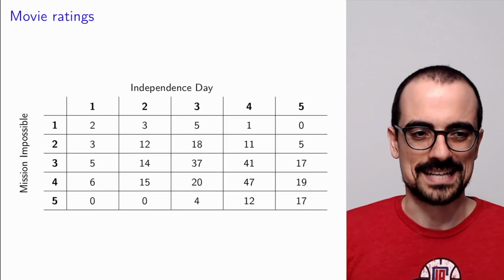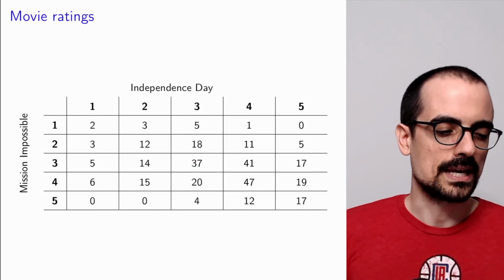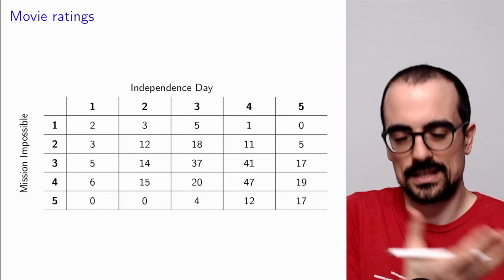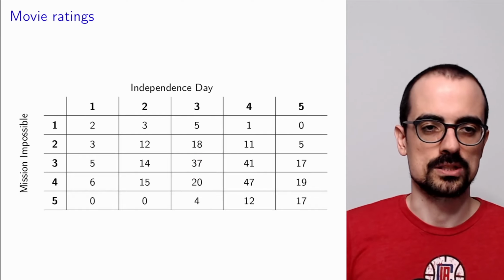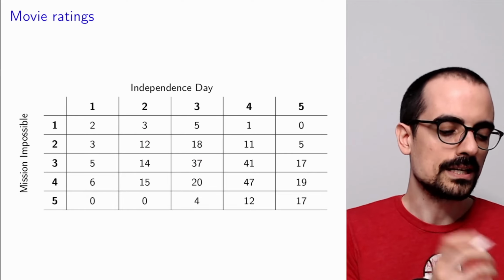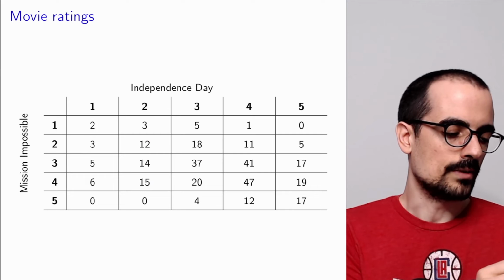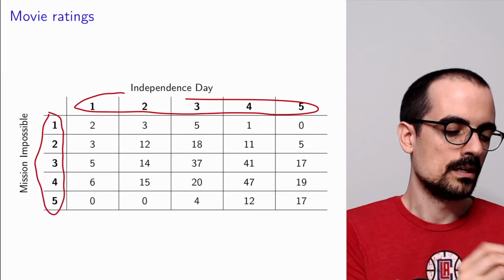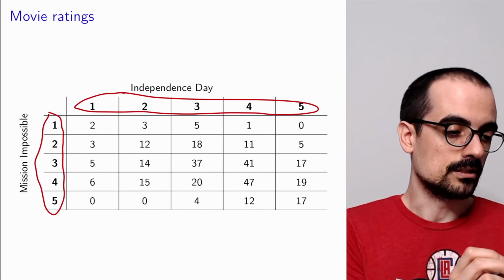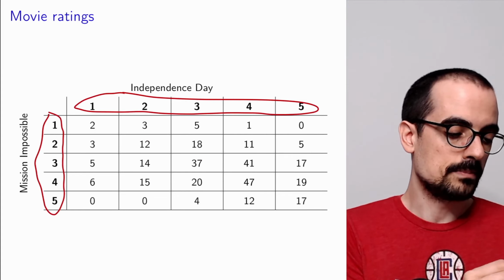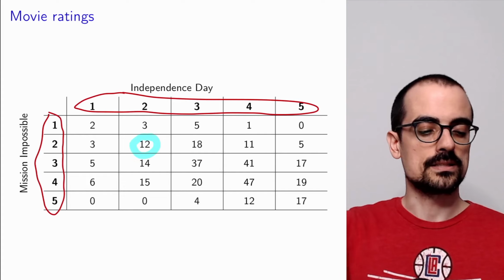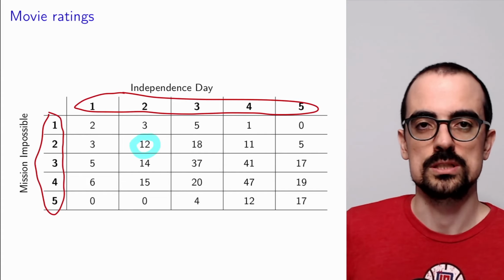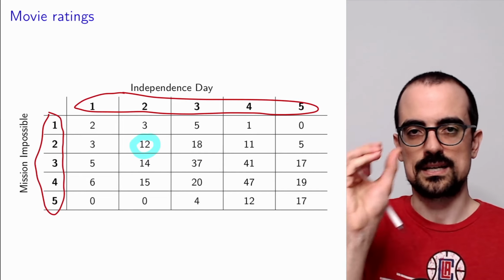Let's take a look at an example. Here, imagine that we have these movie ratings of Mission Impossible and Independence Day. Just to be clear, this is telling us the ratings of this movie and the ratings of this movie given by certain people. So 12 people decided to give Independence Day a 2 and Mission Impossible a 2. These are the joint examples.